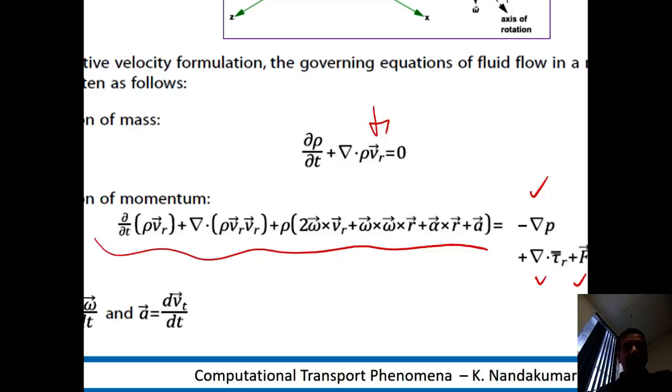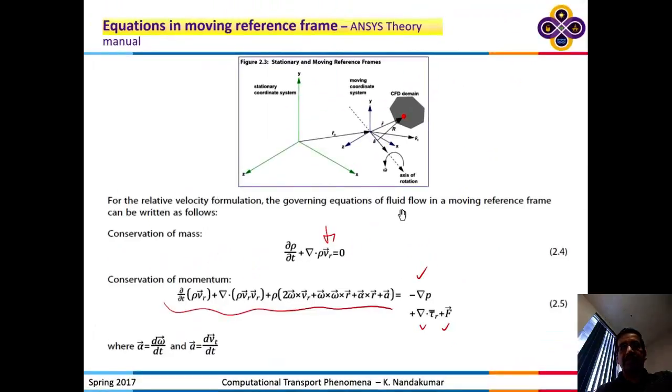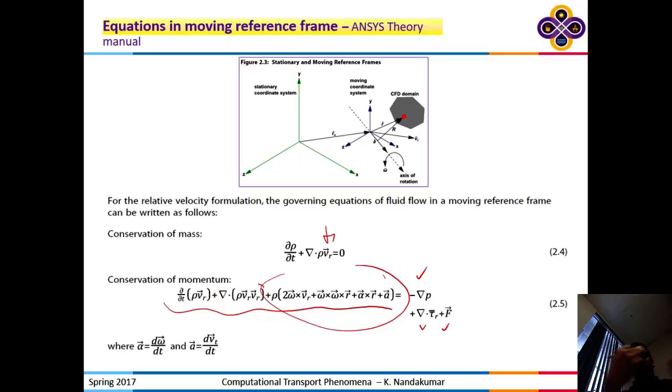So it's exactly the same equation other than this. These are treated now as a source term. This extra term is moved to the right hand side from a computational point of view. Take all these as source terms and move them to the right hand side. You have the same framework: a diffusion term, a convection term in a moving reference frame.